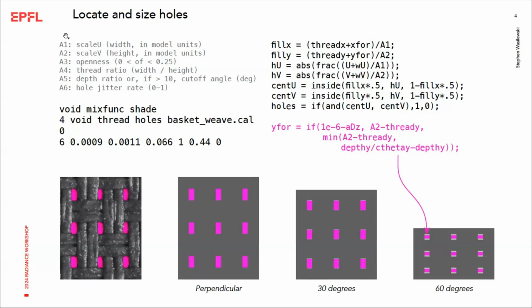And so just a 6-parameter mixfunc here. The U size and the V size, so horizontal and vertical, or X and Y if the shade is horizontal. Openness factor, the thread ratio. So if you had a 3-and-2 basket weave or something else, you could change that. And then also the depth.